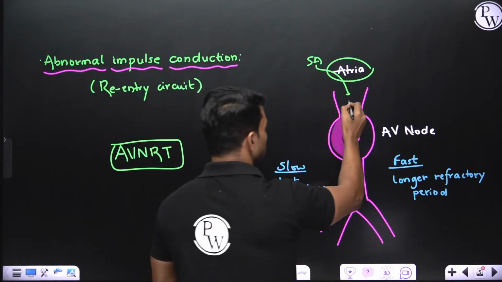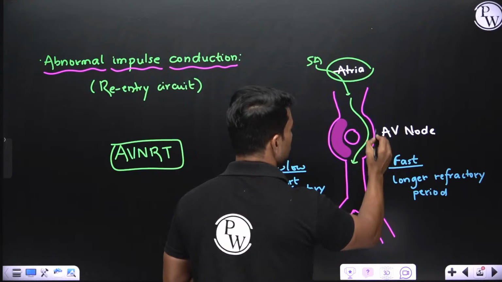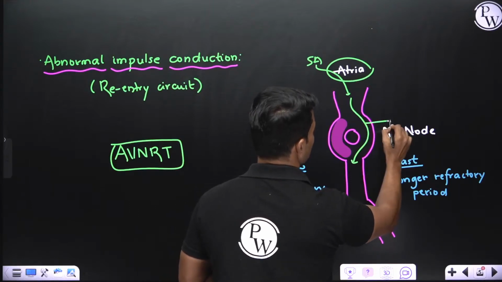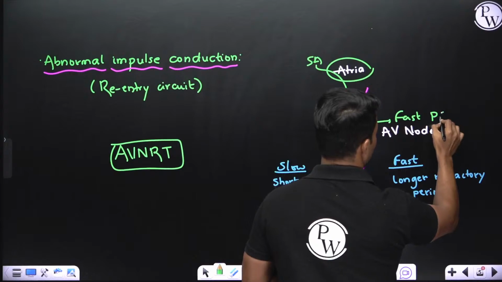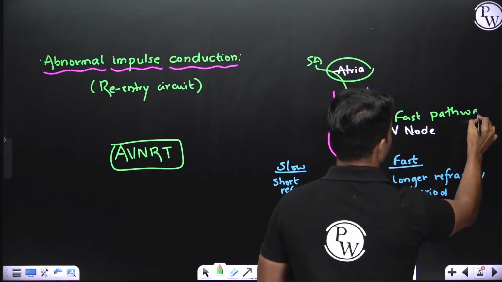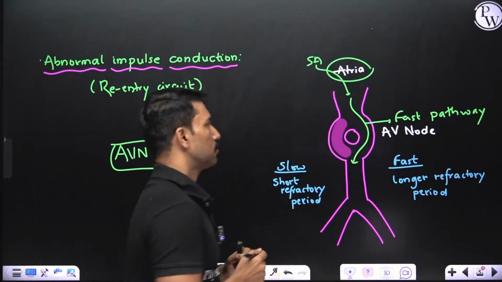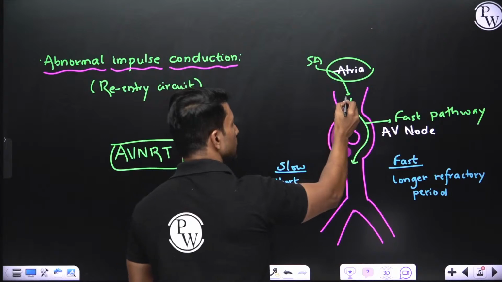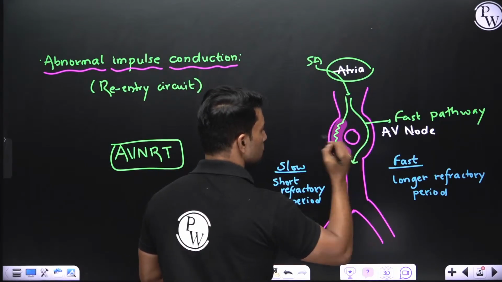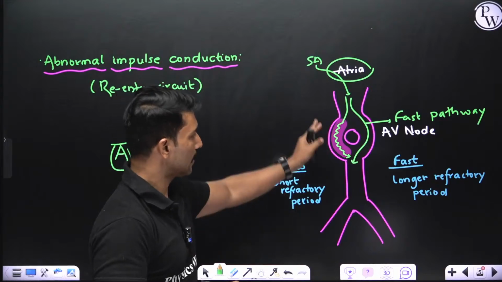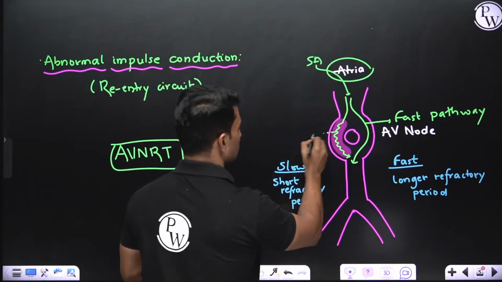One conducts faster. This we will call the fast conducting pathway. So the impulse travels through this much faster. And then we also have a slow conducting pathway where the impulse travels a little slower. Slow conducting pathway and fast conducting pathway.